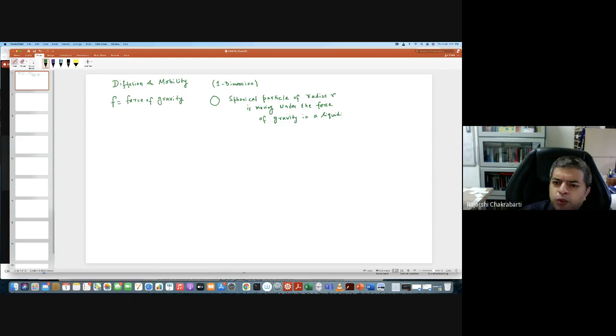Could be water. So you can think of a colloidal particle immersed in water. It is spherical in shape, and it has radius r, but in one dimension, just to make your life easy. And this liquid has a viscosity, so you can just call it eta. The coefficient of viscosity is eta for this liquid.